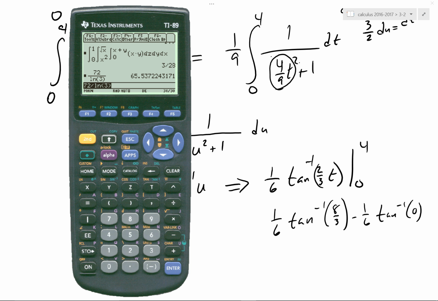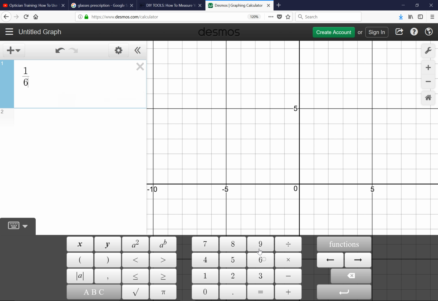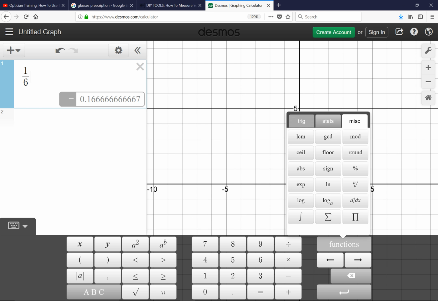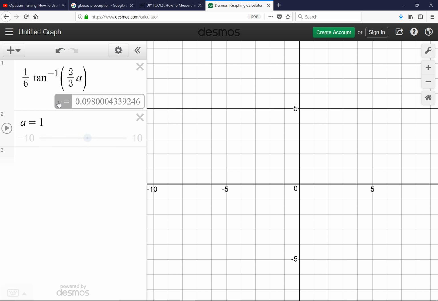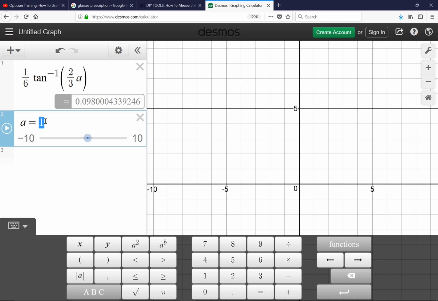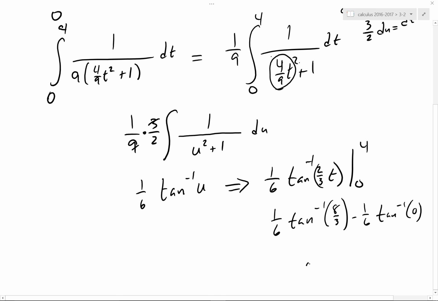Let's use 1 divided by 6 arctan of 2/3 times 4, and then I could just plug in my values, right? So 0, and 0. So my answer is simply 0.2, I think is what it was. Okay? Not very difficult.